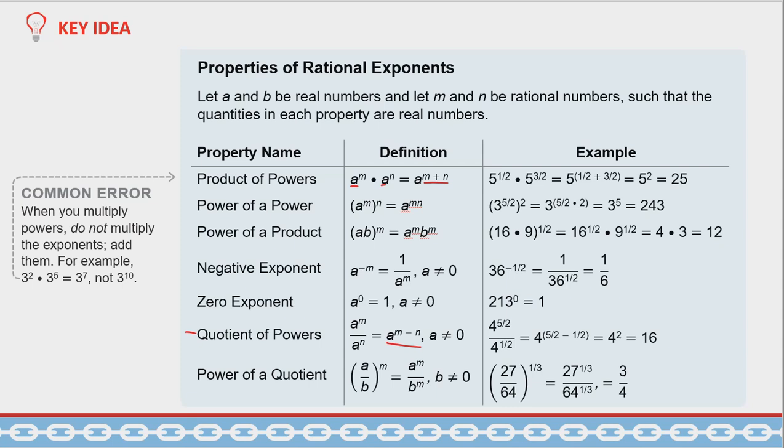A quick look at two radical properties. Product property of radicals: if I have the nth root of a times b, that is going to be the same as the nth root of a times the nth root of b.